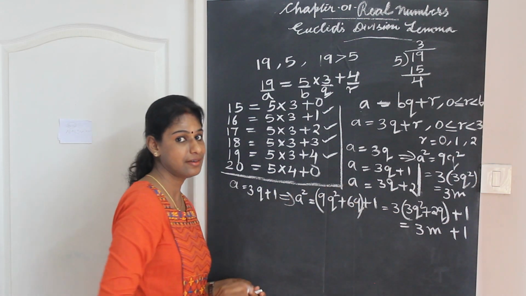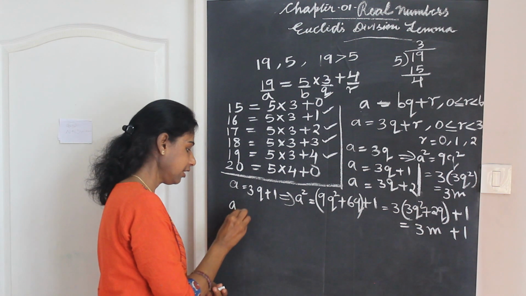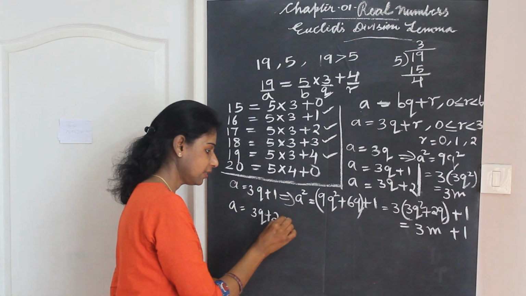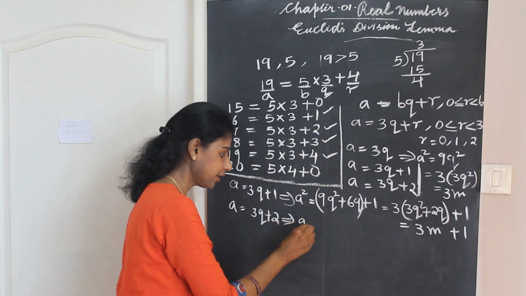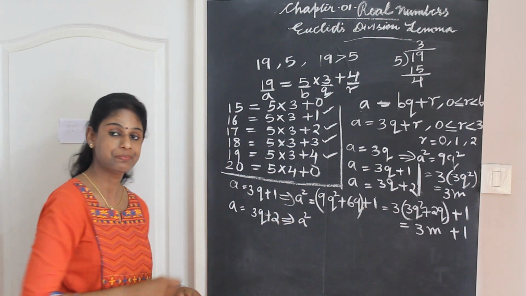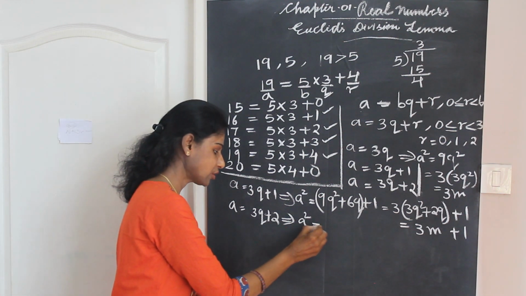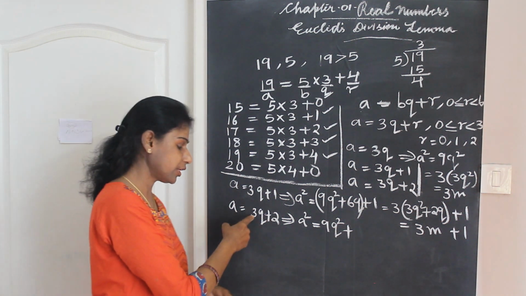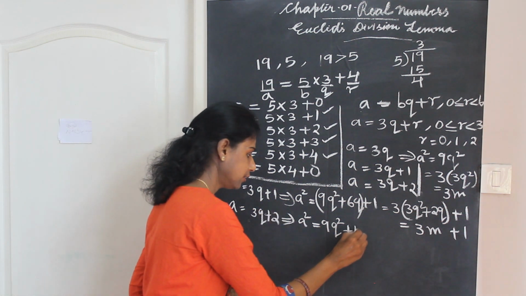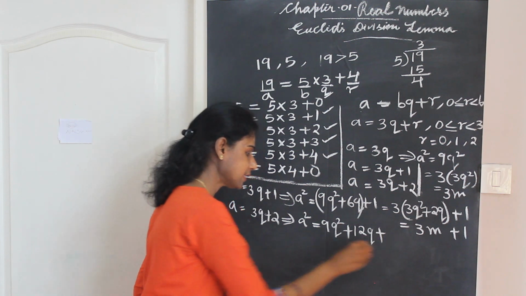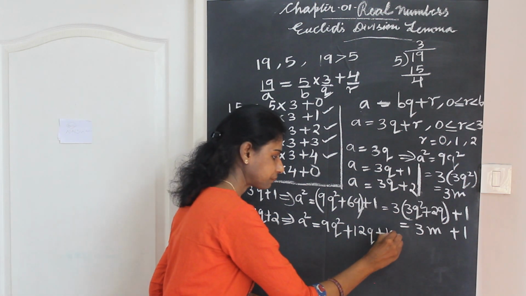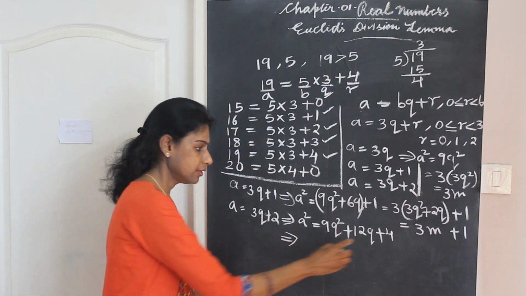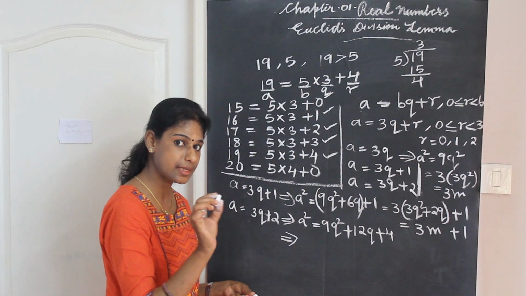Now the last one, if a is of the form 3q plus 2, that implies a square will be equal to, again, a plus b whole square format, a square, that is 9q square, plus 2ab, 2 3s are 6, 6 2s are 12, 12q, plus b square, that is 4, which implies this 4 can be written as 3 plus 1.